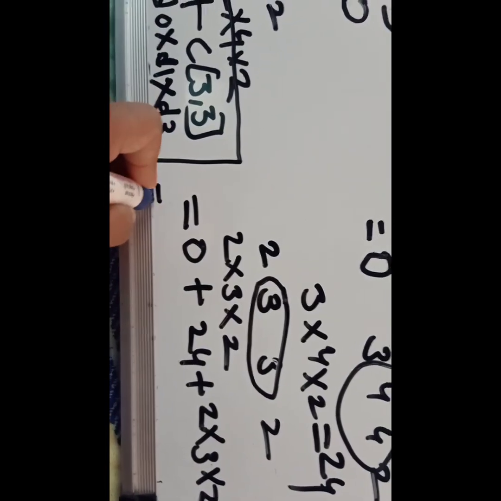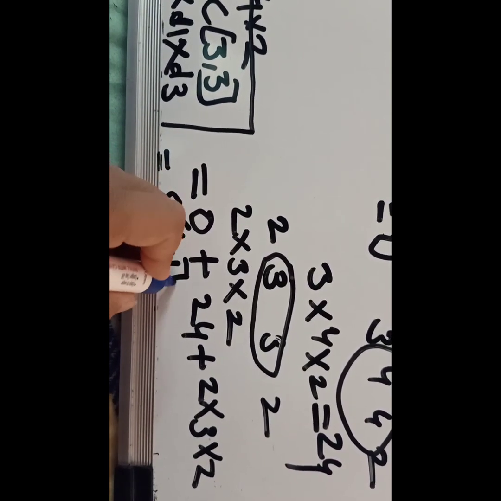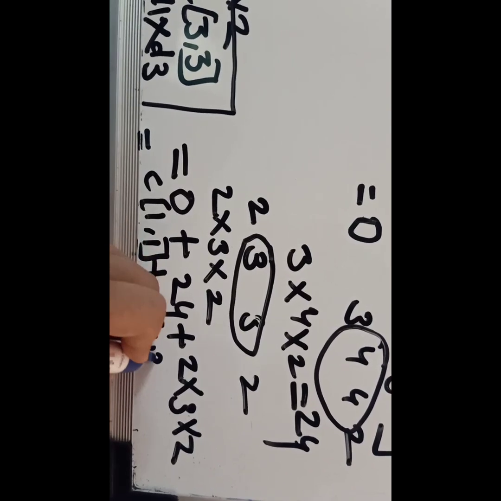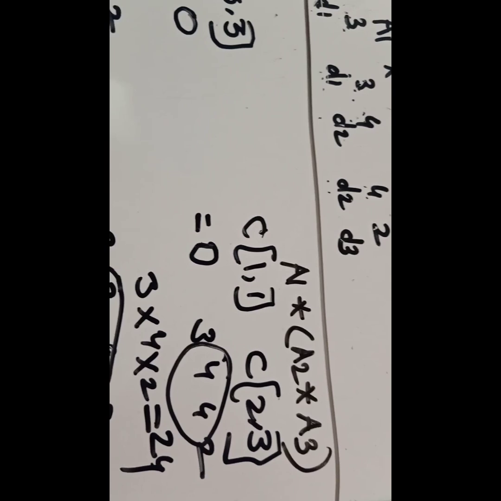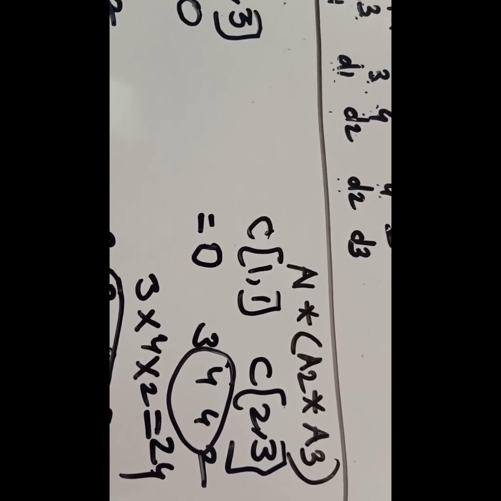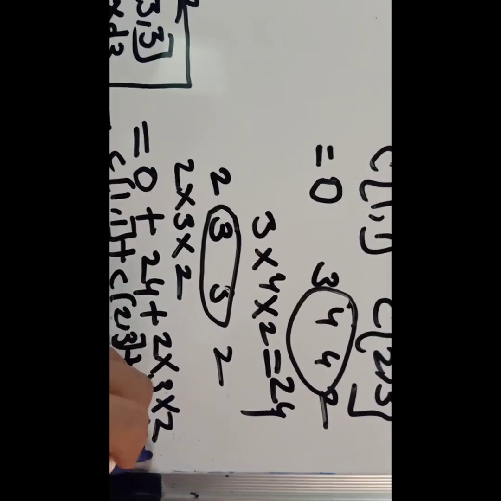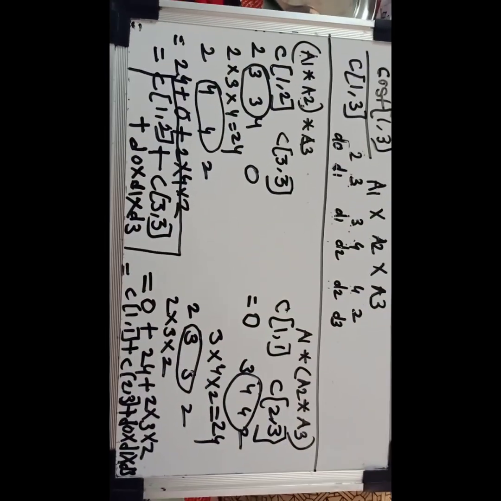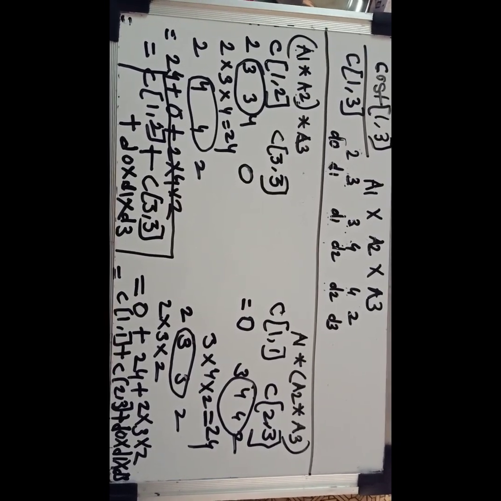So this 0 is cost of 1, 1, plus 24 is cost of 2, 3, plus 2, 3, 2. We have already labeled the dimensions: 2 is D0, 3 is D1 into 2 is D3. So what we have done, we have devised a formula for more than 3 matrices, right?